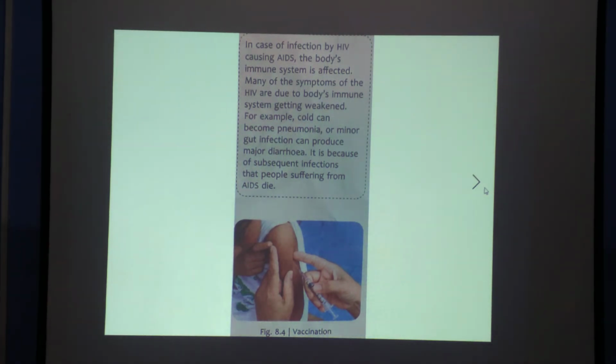Inside the body, the vaccine triggers the immune system to produce antibodies. So if you put a little bit of the germs that cause a certain disease, the immune system will automatically produce antibodies to fight against these pathogens or the microbes present in it.